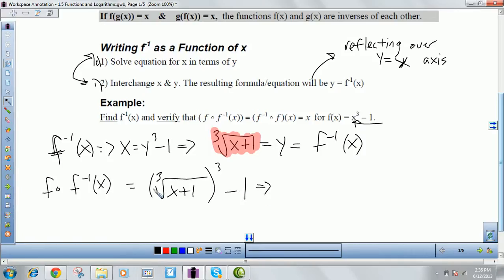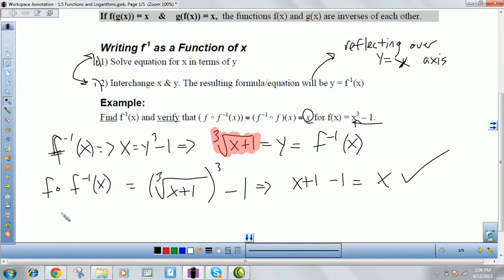And you can see the cubed root and the third power are going to cancel, so you'd have x plus 1, then minus 1, those 1's cancel, so you have x. So the first one shows that it's equal to x.